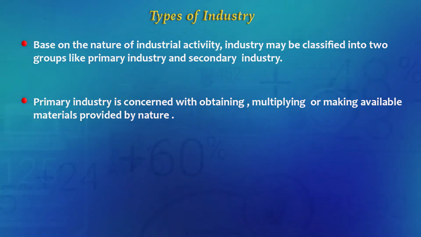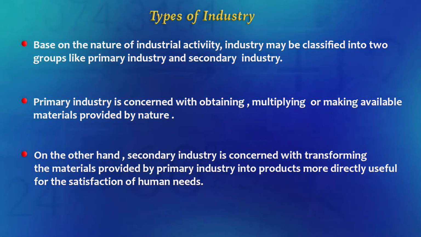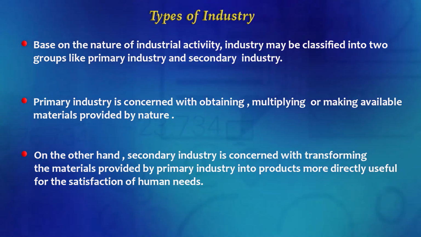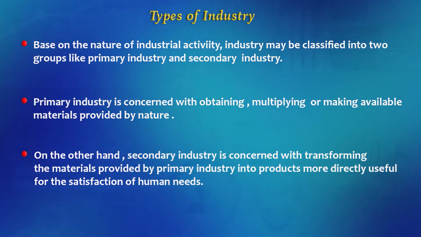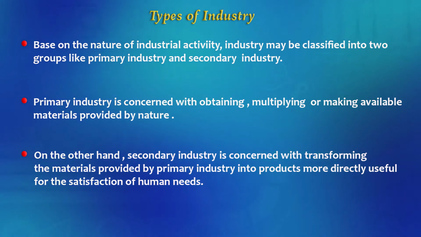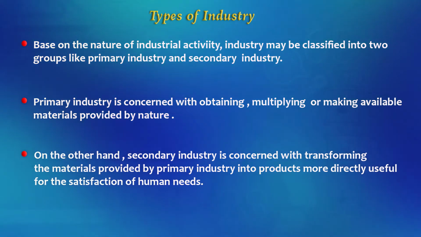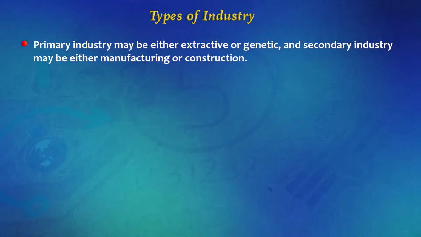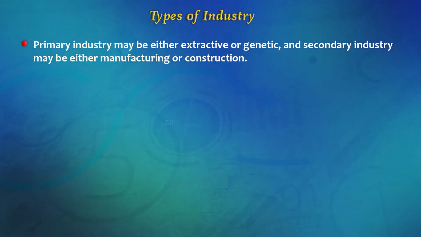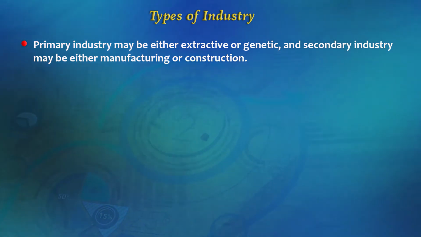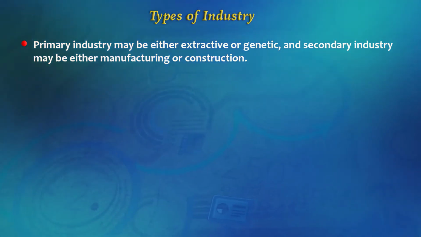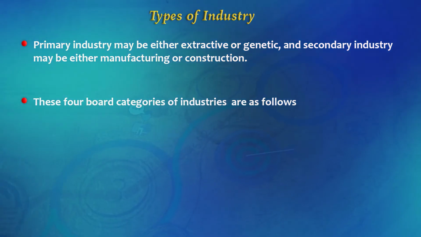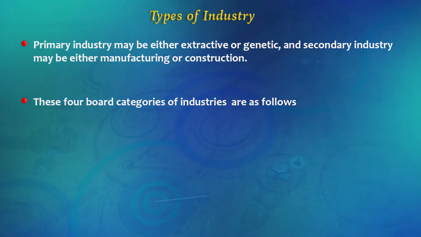On the other hand, secondary industry is concerned with transforming the materials provided by primary industry into products more directly useful for the satisfaction of human needs. Primary industry may be either extractive or genetic, but secondary industry may be either manufacturing or construction. These four broad categories of industries are as follows.